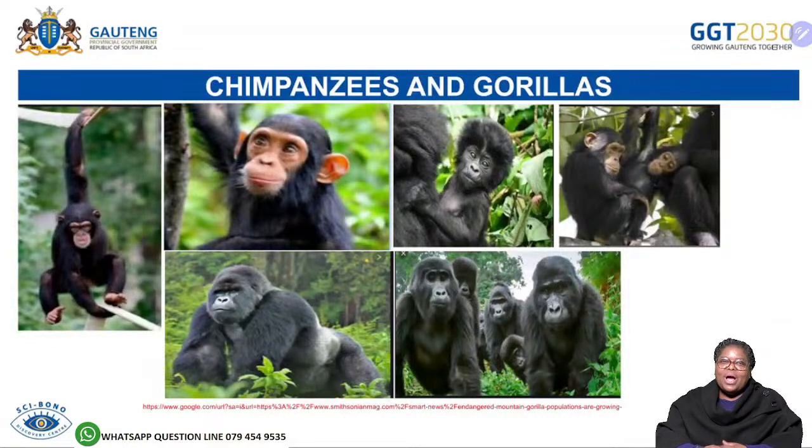Now looking at this one, these are examples of chimpanzees and gorillas, right? So we're looking at those characteristics that might be similar to ours, and also the activities that they can do that we are also performing. So look at this one.